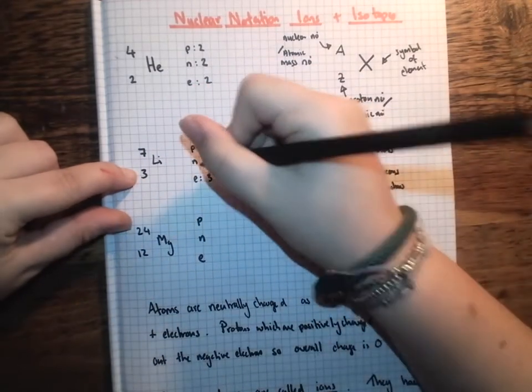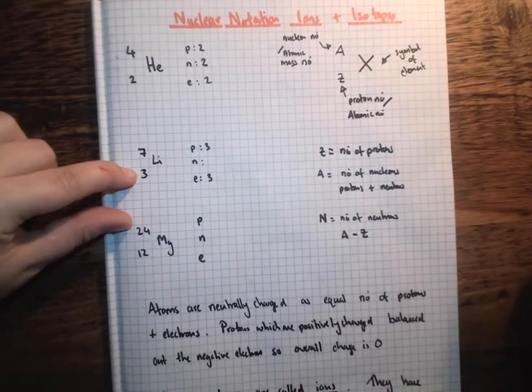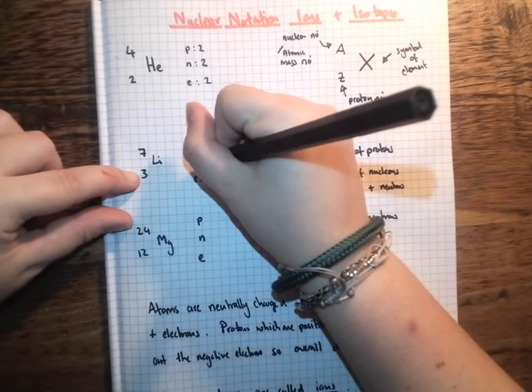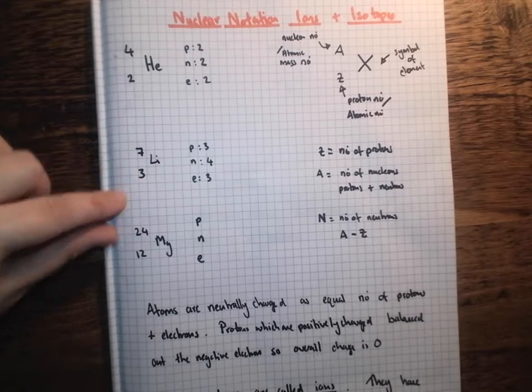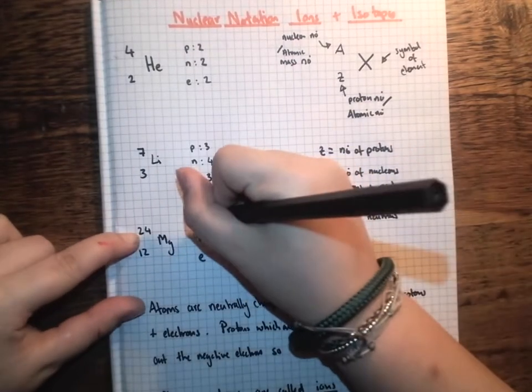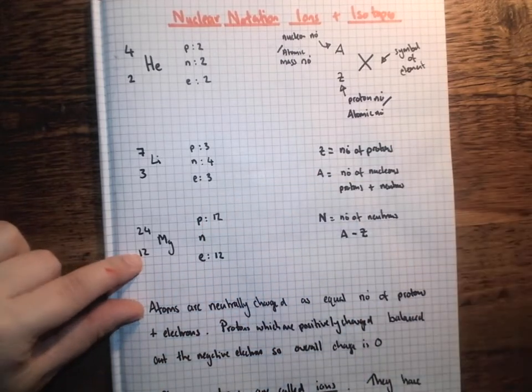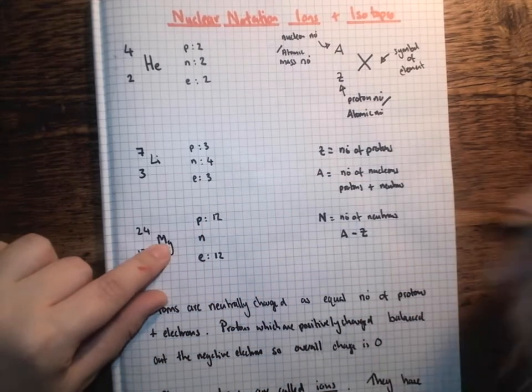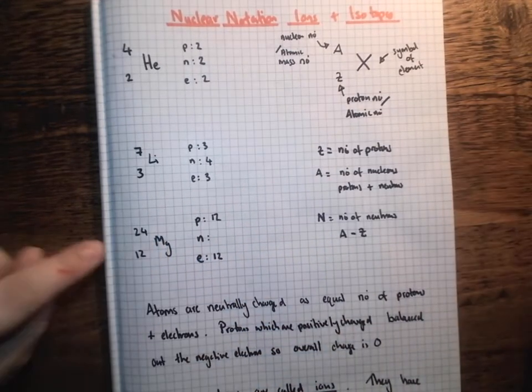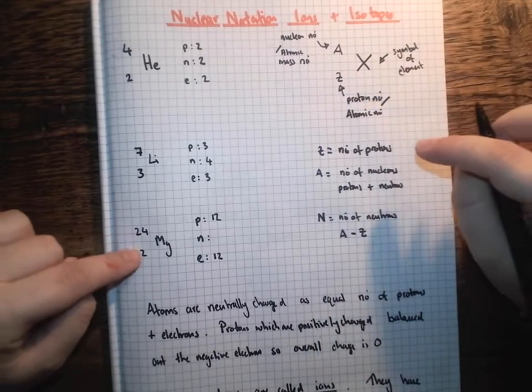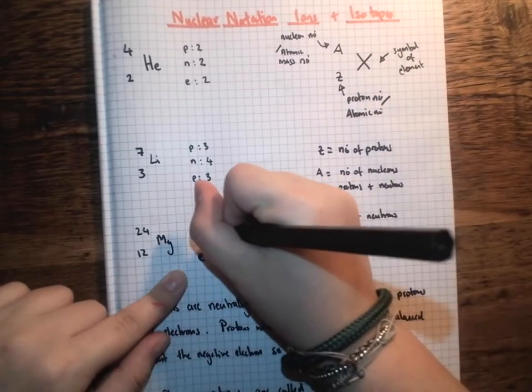Again, I want to work out my number of neutrons, so I have to do A minus Z, so 7 minus 3, which leaves me with 4. Again, if I go to magnesium, my number of protons is 12. Number of electrons have to equal the number of protons, so that's also 12. Magnesium's neutron number, again, A minus Z, so 24 minus 12. Again, that leaves me with 12.